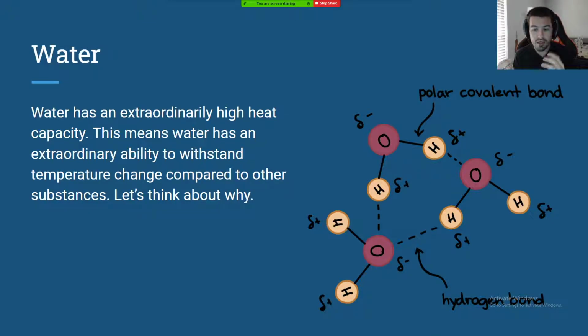The hydrogen bonds are almost like glue that's keeping the molecules in their position and not allowing the water molecules to move around as much as in, say, another substance. And that's why water has a really high melting point, really high boiling point. That's why water has really great surface tension. All those different unique properties of water all come from hydrogen bonding. But heat capacity is one of those things as well.